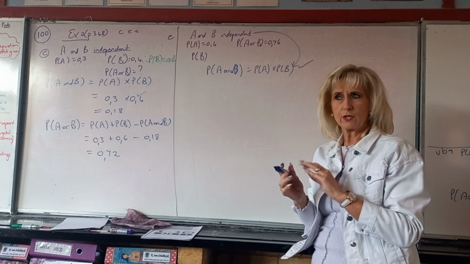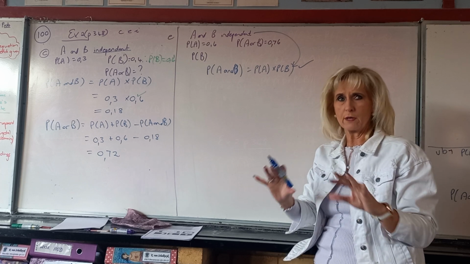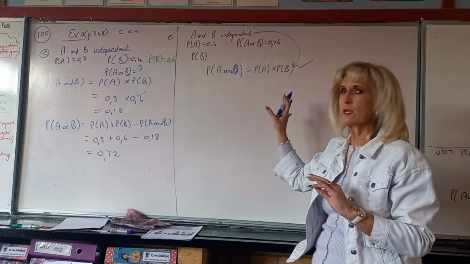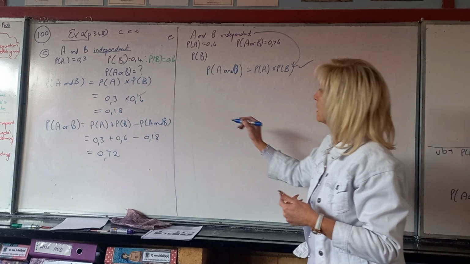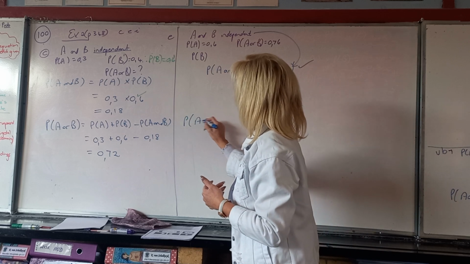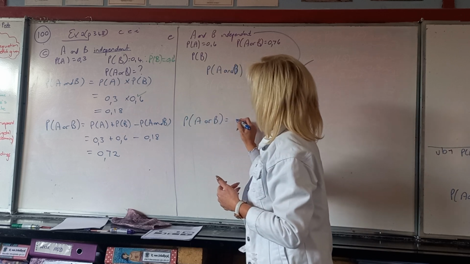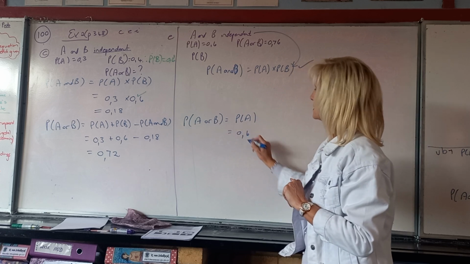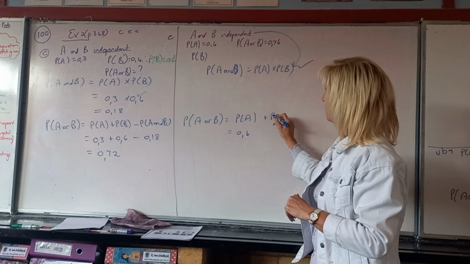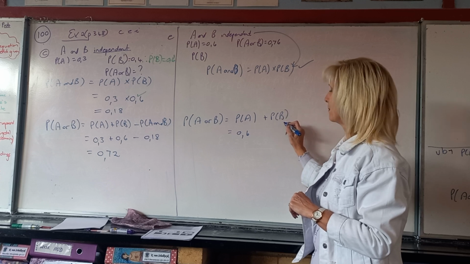Suggestions? Because now we're starting to look at not just the level 1 sums, knowing the facts, knowing the formulas, knowing the rules, something different. If you're thinking about the or part, we know it's going to be P(A), which I have no problem with, it's going to be 0.6, plus P(B), that's the one I'm looking for.